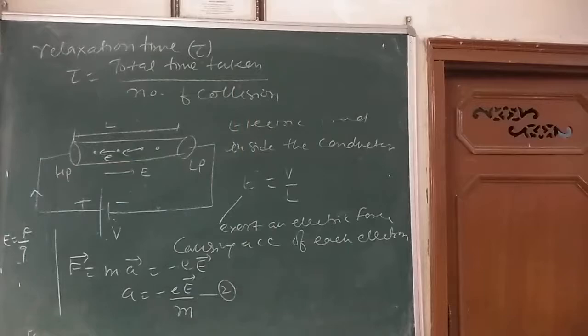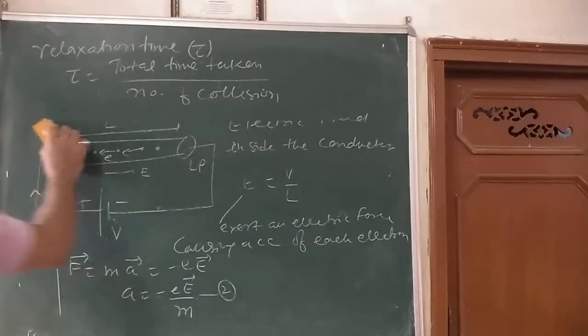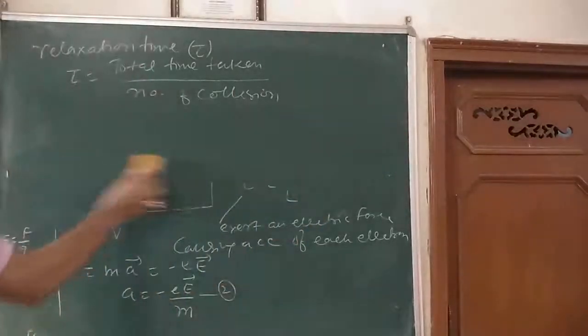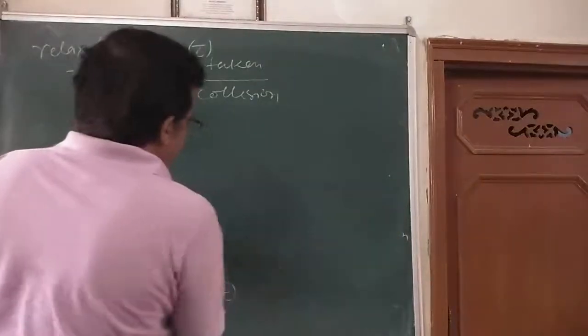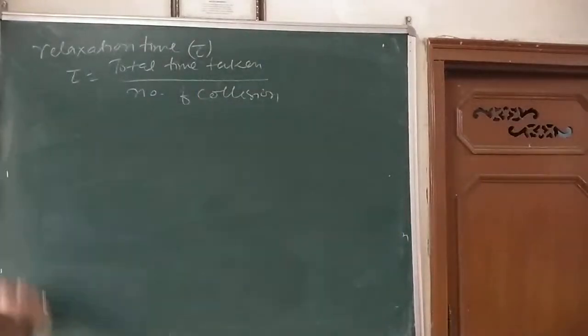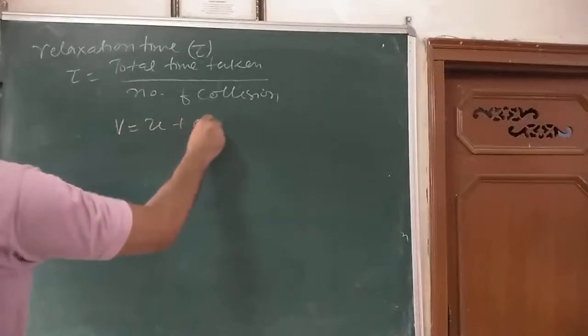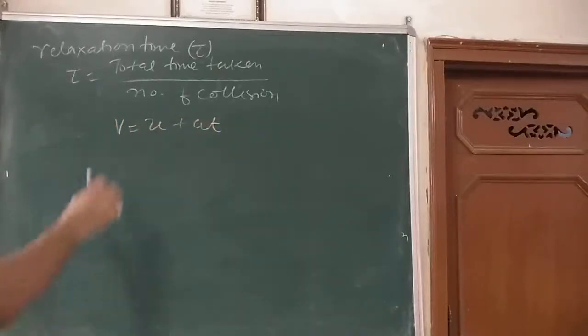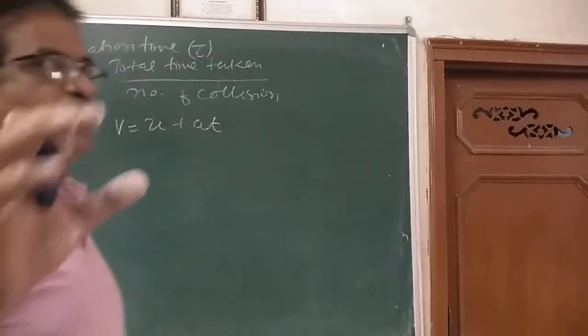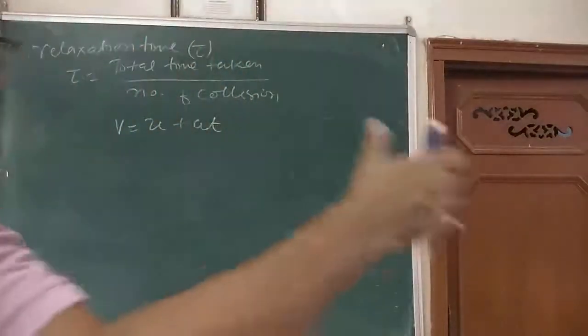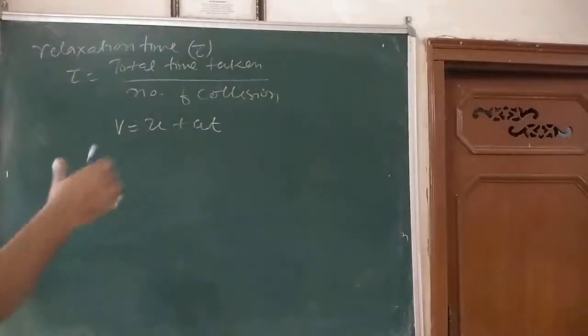So I can say, according to the first equation of motion, v is equal to u plus at. Use that equation. Electrons, as we know, are free to move in a conductor in any direction.